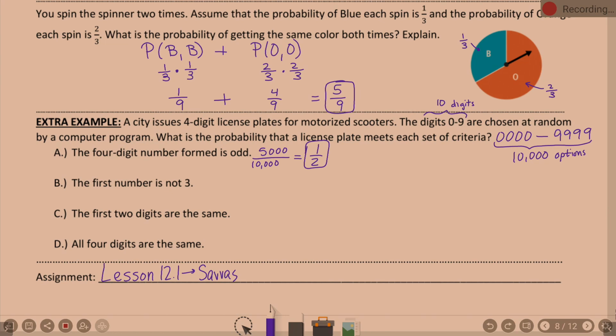The first number is not 3. Okay. Anything that falls within the range of 3,000 is off limits. So the first digit, that's all it's asking about. If it's not 3, how many other choices are there? You're taking out one choice of 3, and there are 9 other options at work, right?